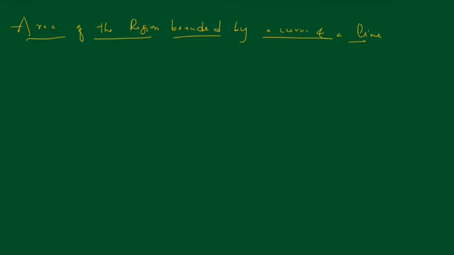In the previous section we discussed the area under the curve only. Now here, the area of a region bounded by the curve and a line, specifically a line is added here. So in that case, how can we do it? Here it's quite easy, similar to the previous concept.